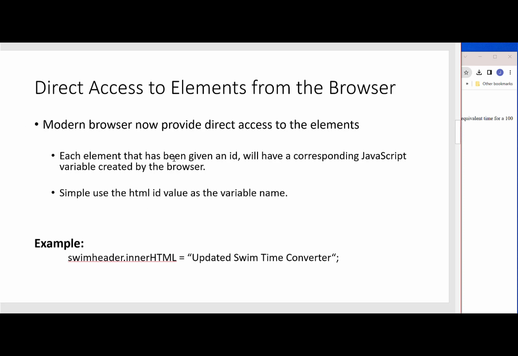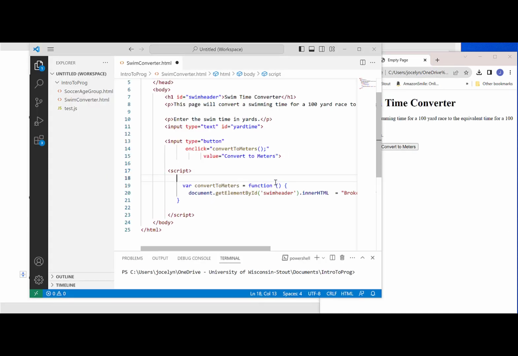Each element that has been given an ID will have a corresponding JavaScript variable created in the browser. So we can simply use that ID as a variable name. For example, we could just say swim header dot inner HTML is assigned the value updated swim time converter. Let's try that. Last time I put the code inside the function, but this time I'm going to put it above the function.